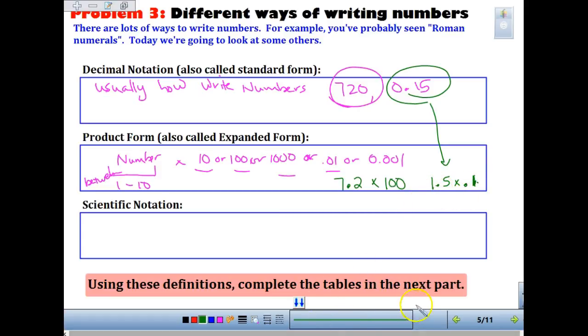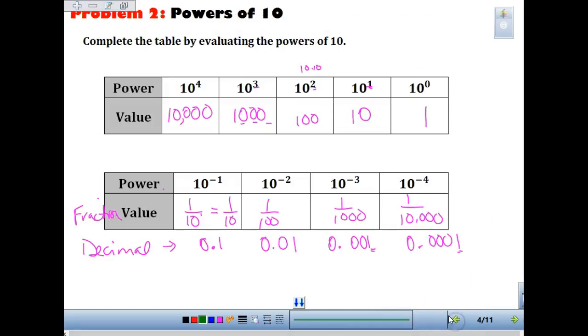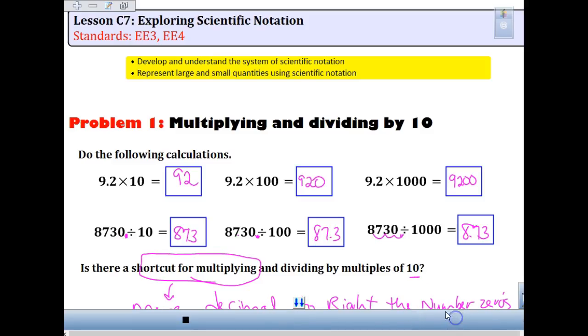Remember, multiplying by 1/10 or by 0.1, dividing by 10, that's the same as multiplying by 10 to the negative 1. This is the same as multiplying by 10 to the negative 2, dividing by 100. This is the same as multiplying by 10 to the negative 3, okay?